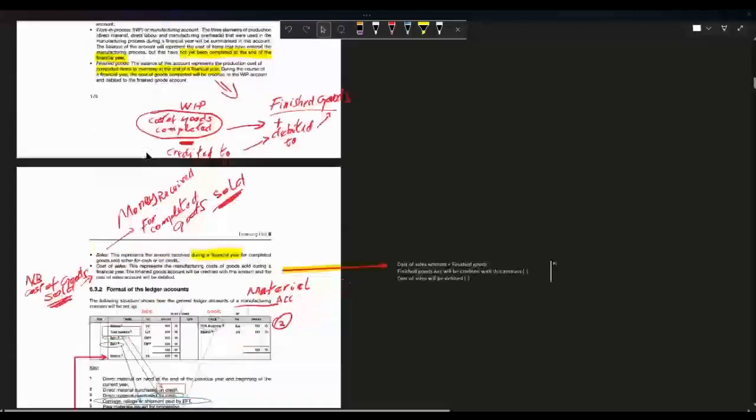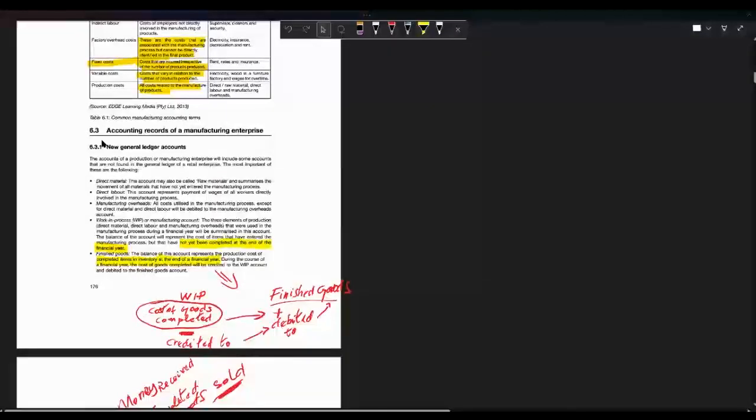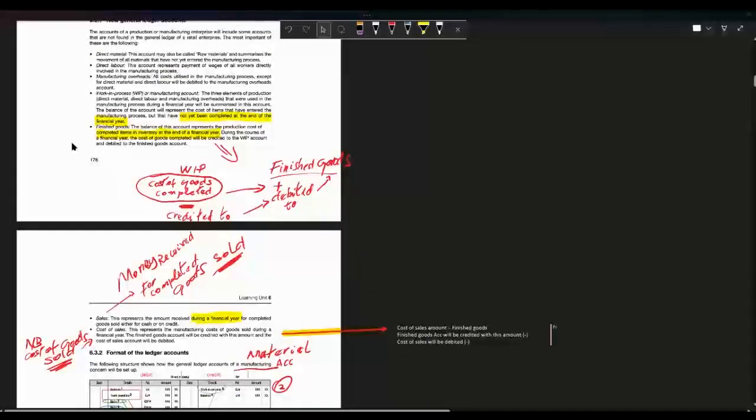All right, so you would have your work in process account or your manufacturing account, your finished goods, and after your finished goods, obviously the logical progression would be that those finished goods would be traded, will be sold.